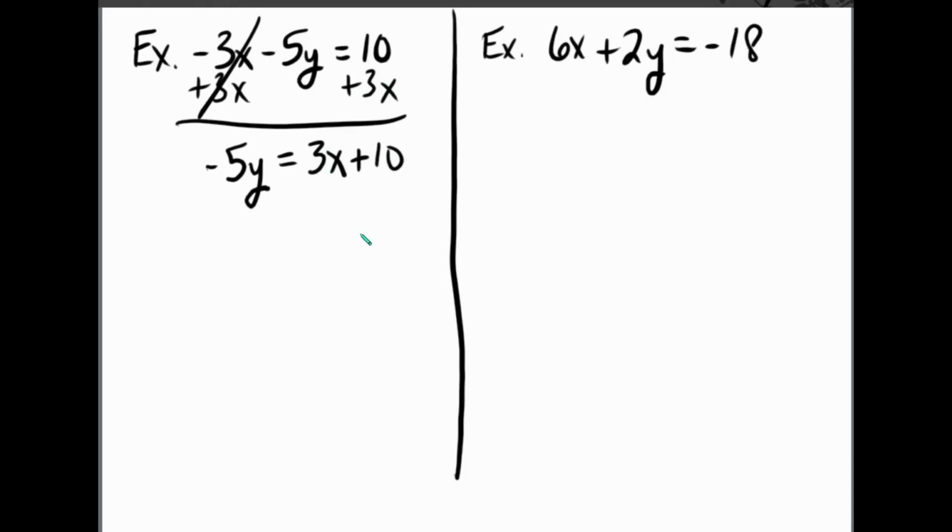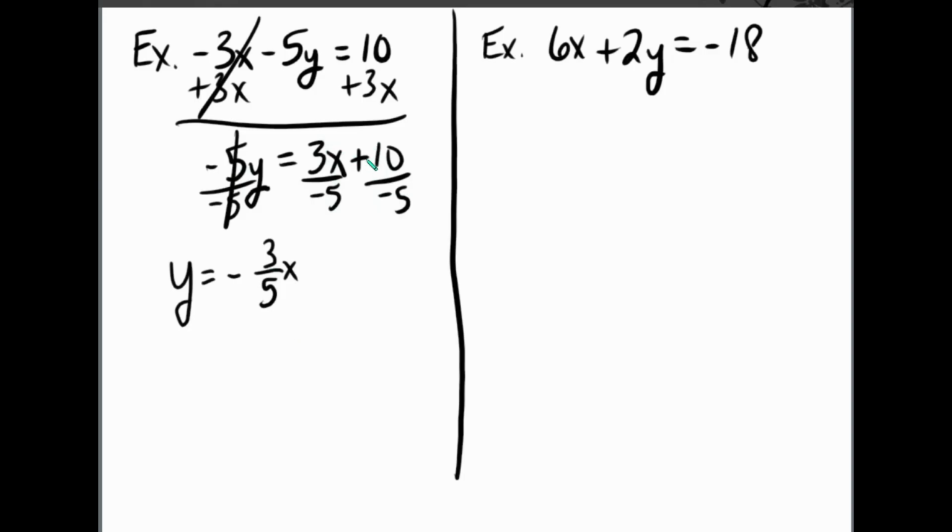Now, I need to go ahead and get rid of this negative 5 so I could isolate for y completely. So I'm going to go ahead and divide everything by negative 5. So y is now isolated. I'm going to go ahead and clean up the right side of the equation here. 3x over negative 5, I could just write that as a fraction of negative 3/5 x, and that cannot be simplified.